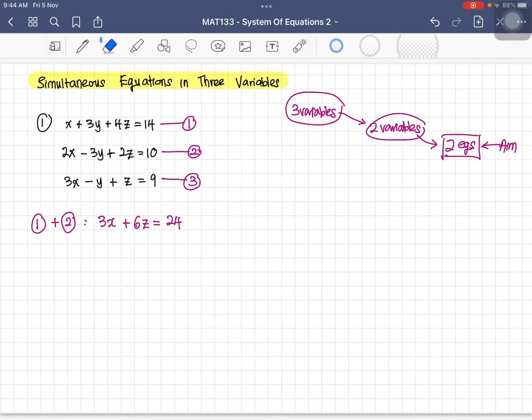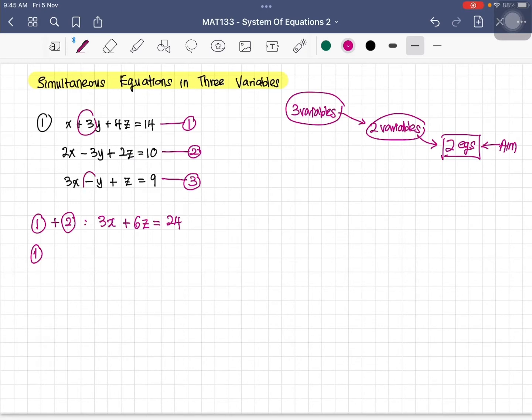Next, I need to make something with the first equation and equation 3. To eliminate y, we have to make the coefficients the same.